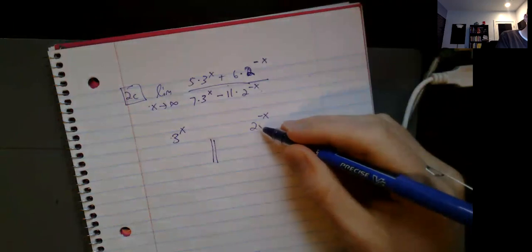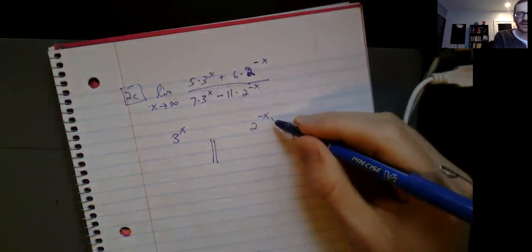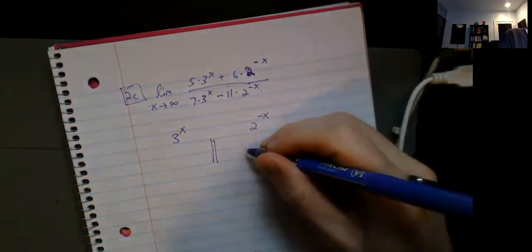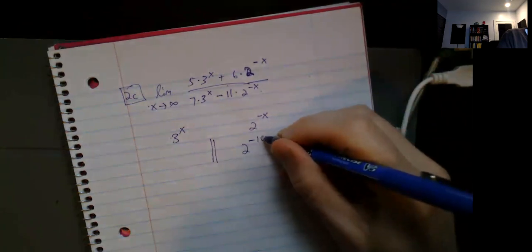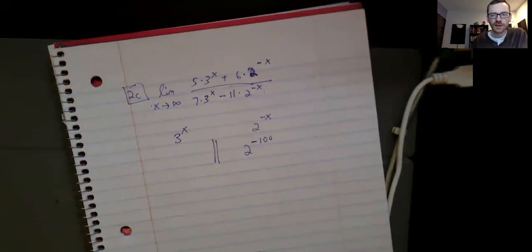So let's imagine, what happens if you plug in a really big positive number for x here? What happens if you plug in, say, 100 for x? That would be 2 to the power of -100, right? I claim that's actually a very, very small number, not a large number. Remember what negative exponents mean.